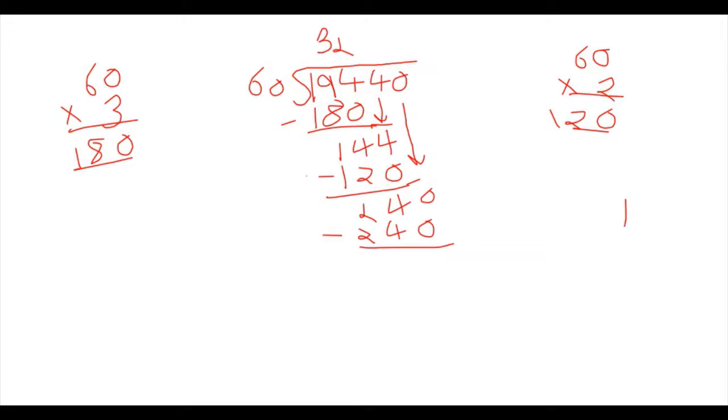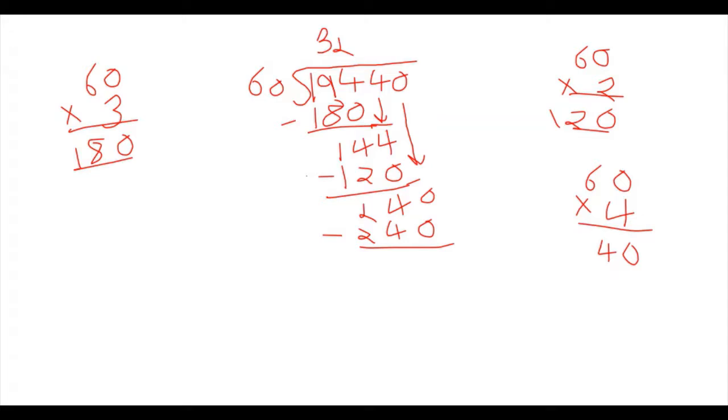Now you see, why am I doing 240 minus 240? Because if we multiply 60 by 4, what will we get? 4 zeros are 0 and then 6 fours are 24. So we get how much? 240.